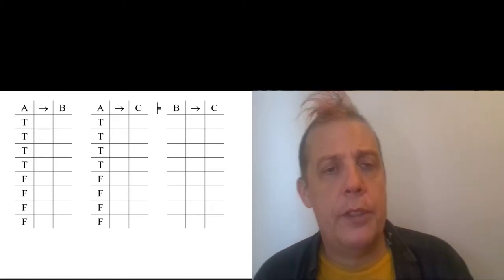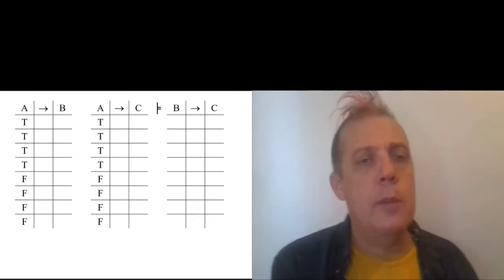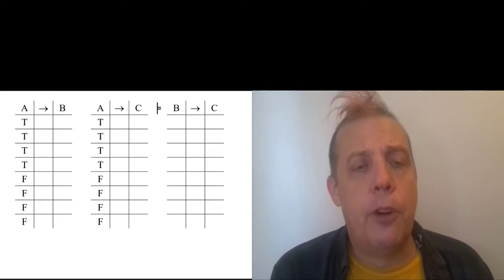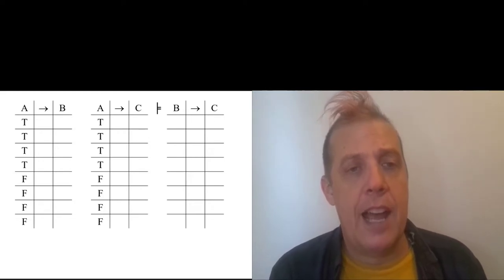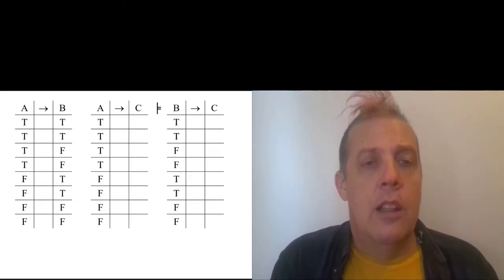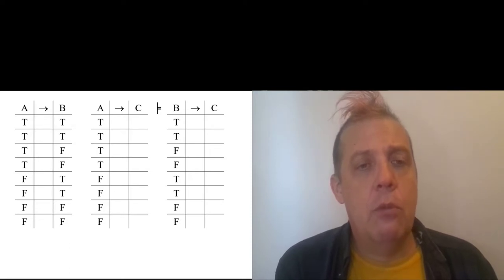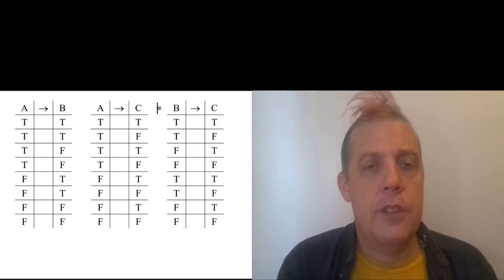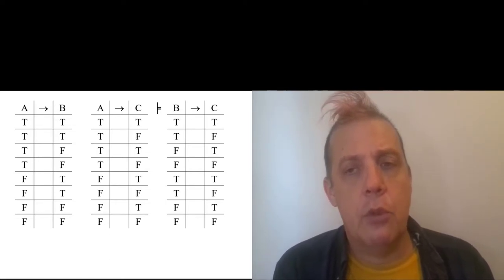You start with the first letter, with A, and you do 4 truths and then 4 falses, right? So you split it in half. Then with the B's, you do units of 2. So it's true, true, false, false, true, true, false, false. You split what you had done previously in half. And then finally for the C's, it's just alternating true and false.